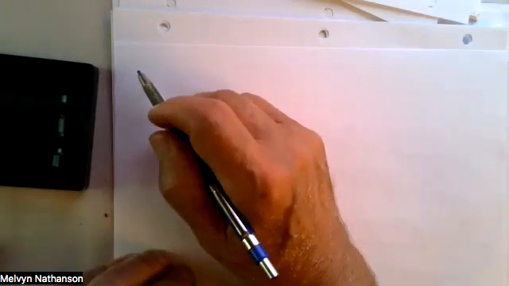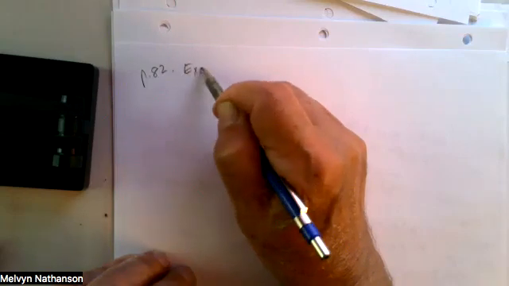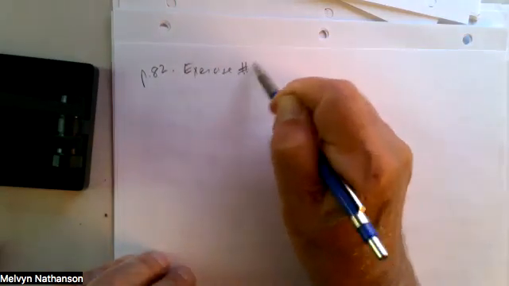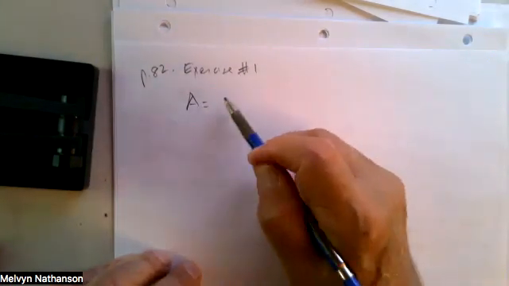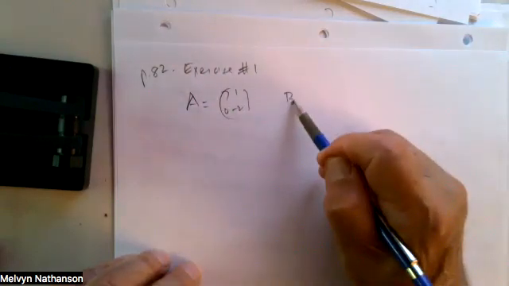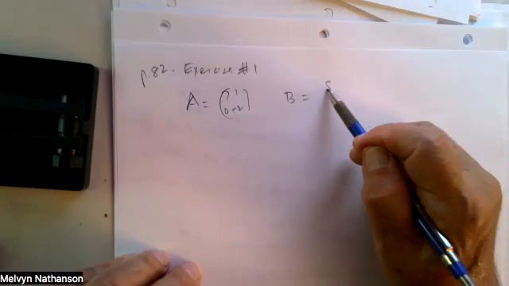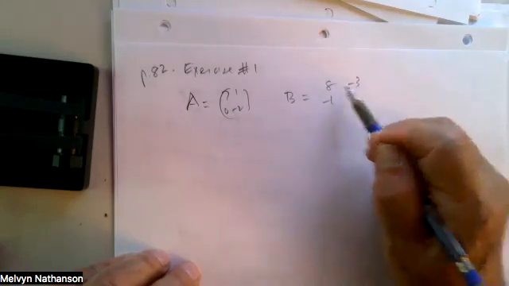So let's look at page 82. Exercise number 1. We have A is the matrix 7, 1, 0, minus 2. B is the matrix 8, minus 3, minus 1, 4.